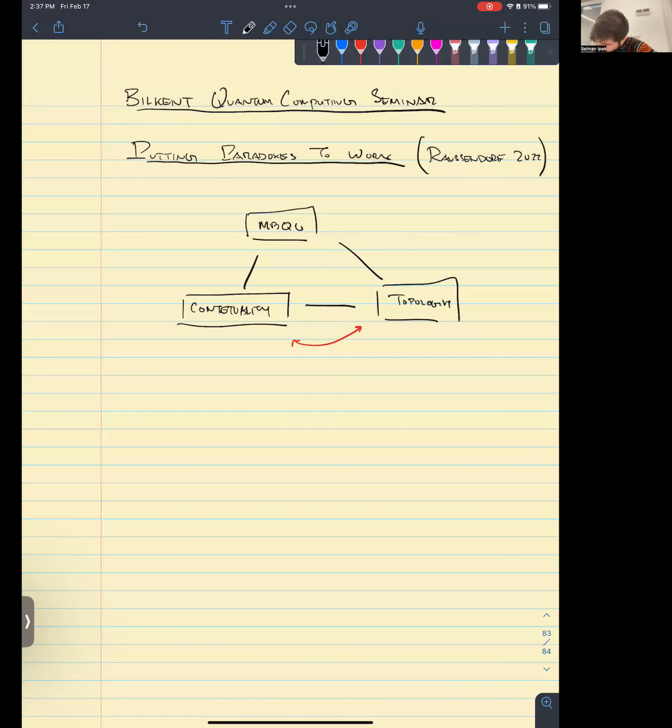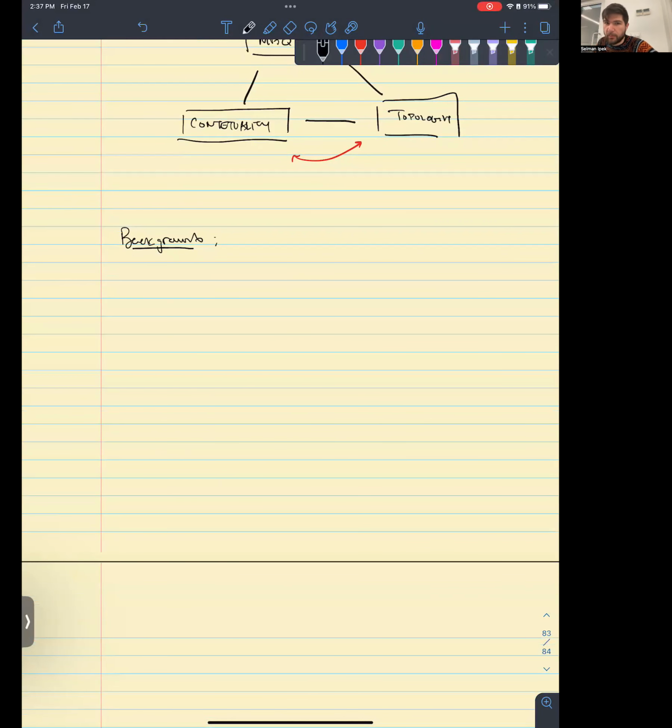Okay, so just a little bit of background. My apologies for the delay there, I needed to see some of my notes. So in general, we want to think of a situation where we have some observables, typically quantum observables.